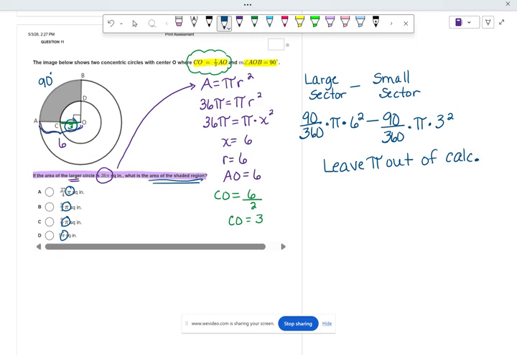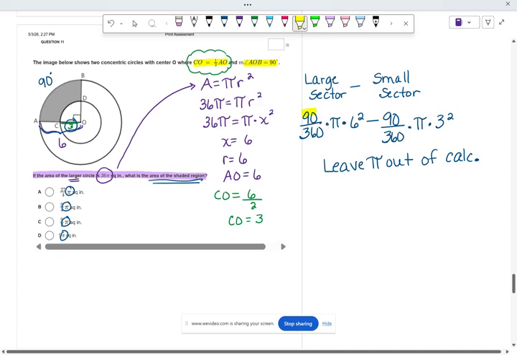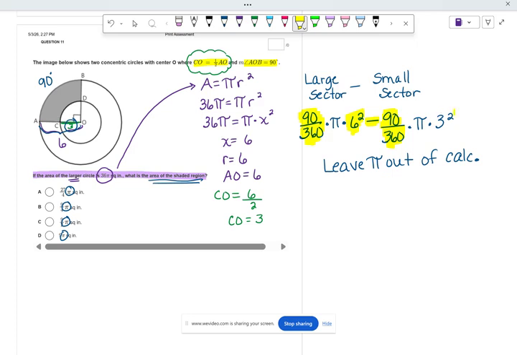If you type in what I have highlighted, 90 divided by 360 times 6 squared minus 90 divided by 360 times 3 squared, you're going to get 27 over 4. Then you have to put the pi on your answer. And what were we measuring in? Inches. So this would be inches squared.